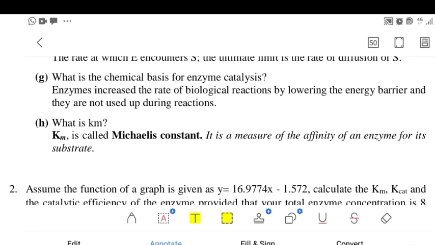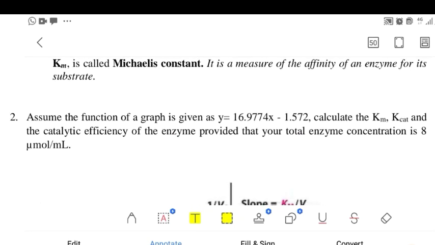So any enzyme that has a low Km is capable of reacting very fast, having the ability to go straight into reaction without any hindrances. So that's the significance of Km. So look up your notes, so that you can get those things that you need to understand this.